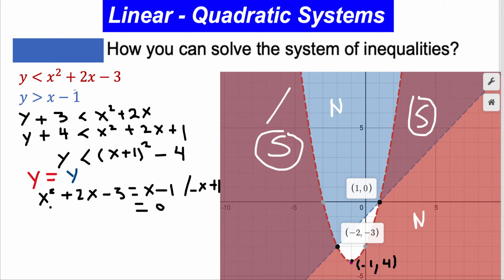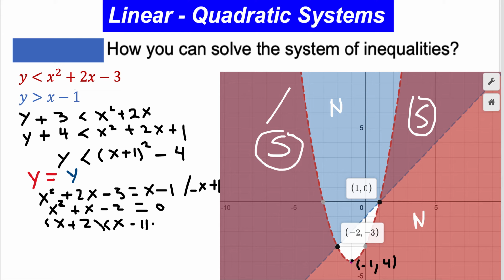On the other side, x squared is not going to be affected, but plus 2x minus x is plus x, and plus 1 minus 3 is minus 2. If we factorize this now, it is going to be x plus 2, x minus 1 is equal to 0.